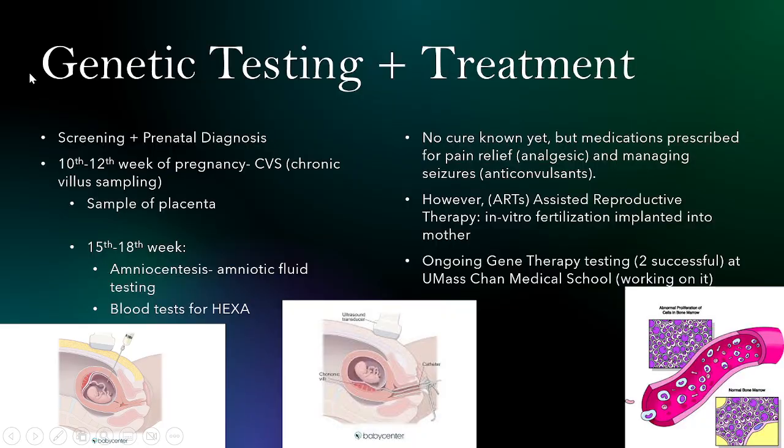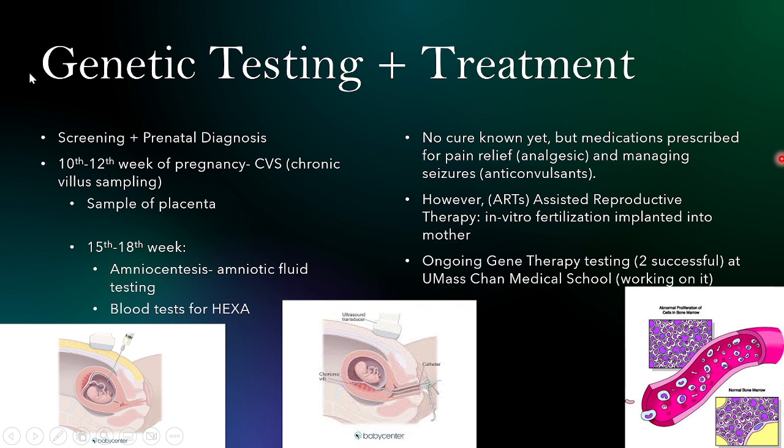There has been genetic testing done, through screening and prenatal diagnosis, usually around the 10th or 12th week of pregnancy. The woman would have to get CVS done, which is called chorionic villus sampling, where they take a sample of the placenta and check for any abnormalities.